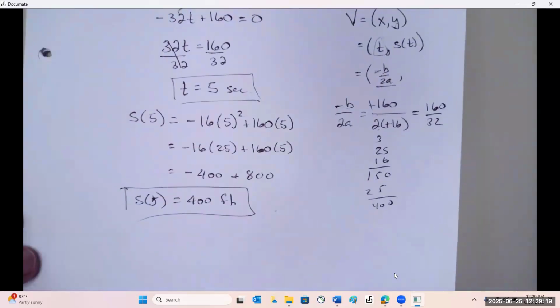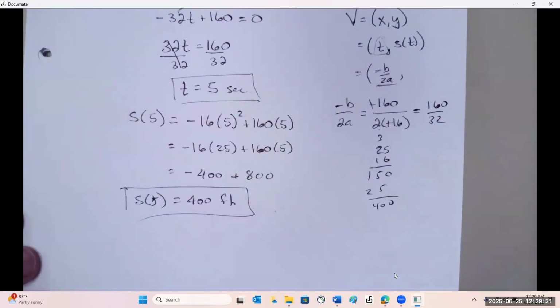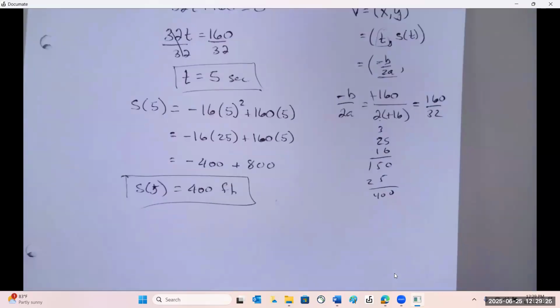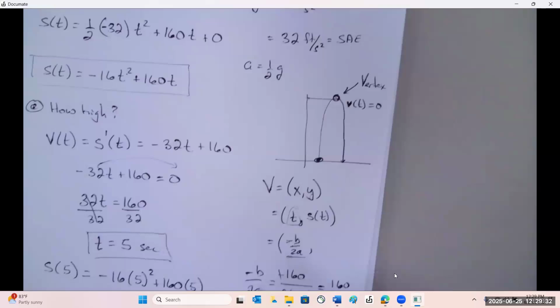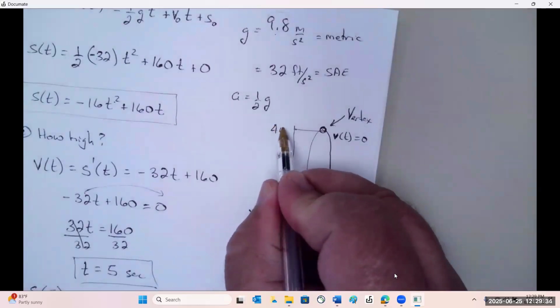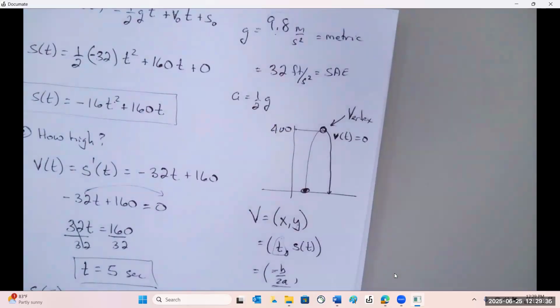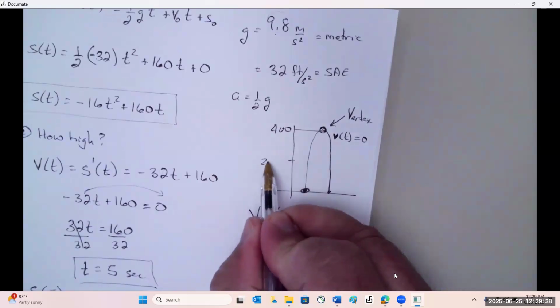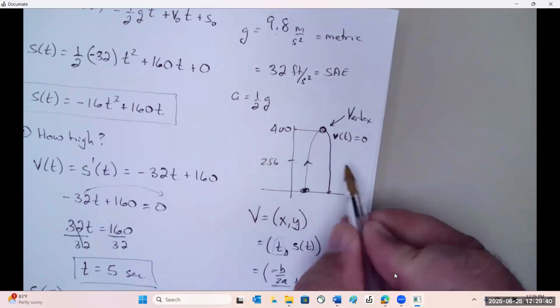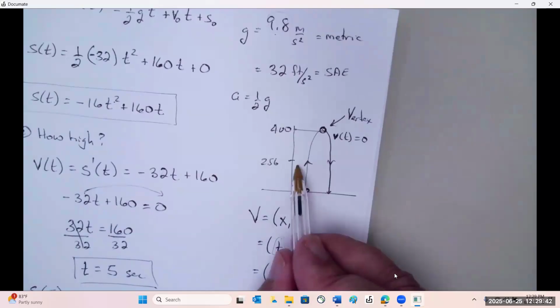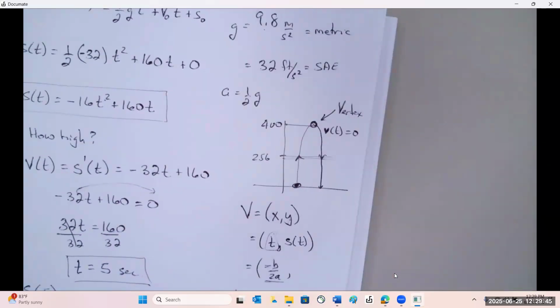Question B, what are the velocity and speed of the rock when it reaches 256 feet? Why does it worry about up and down? Because remember, the highest it goes is 400 feet. So at 256 feet, it has to be going up and it has to be going down to reach that same height.